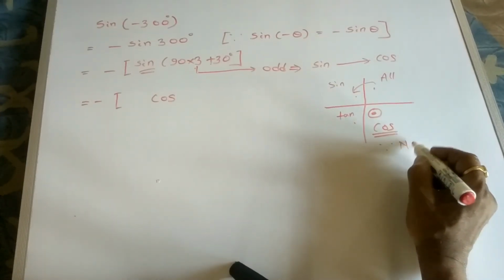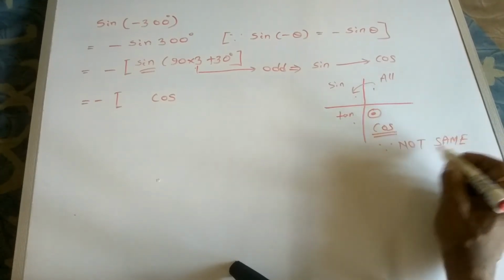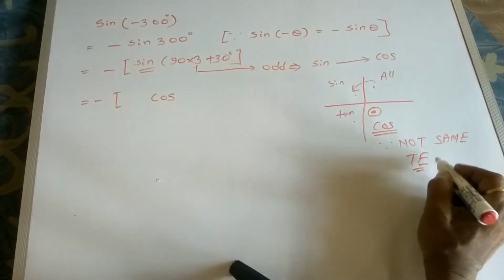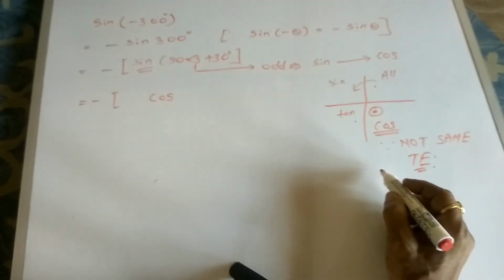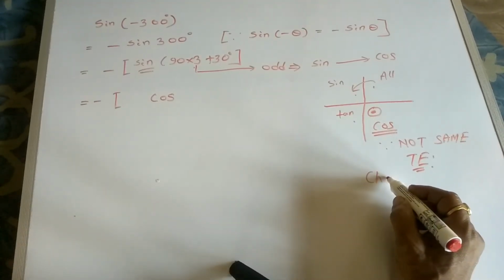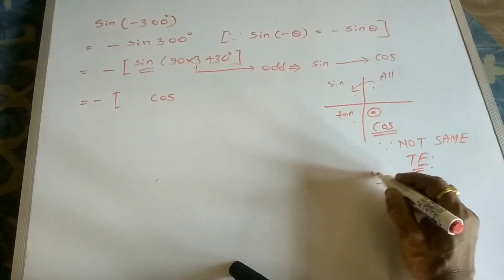So not taken same. So we have to put the minus sign before cos within the bracket. Not same as the question. It is cos. Question is given sine. So we have to put a minus sign before cos within the bracket.